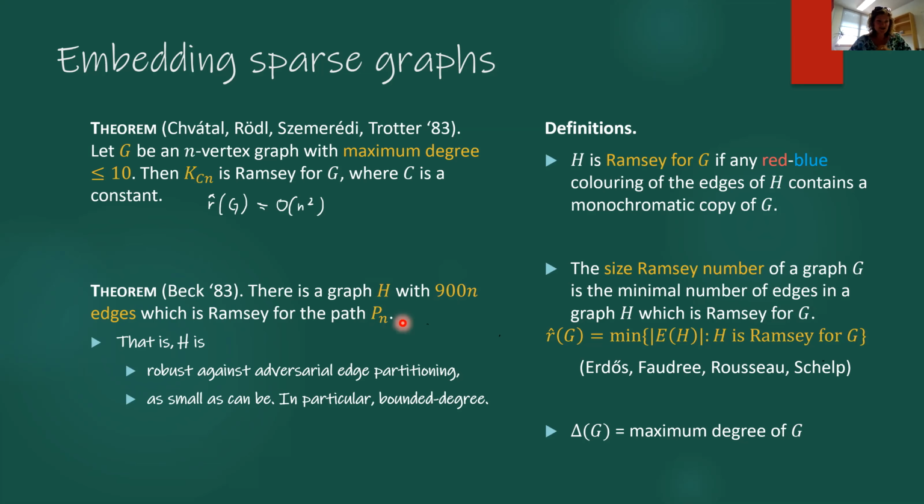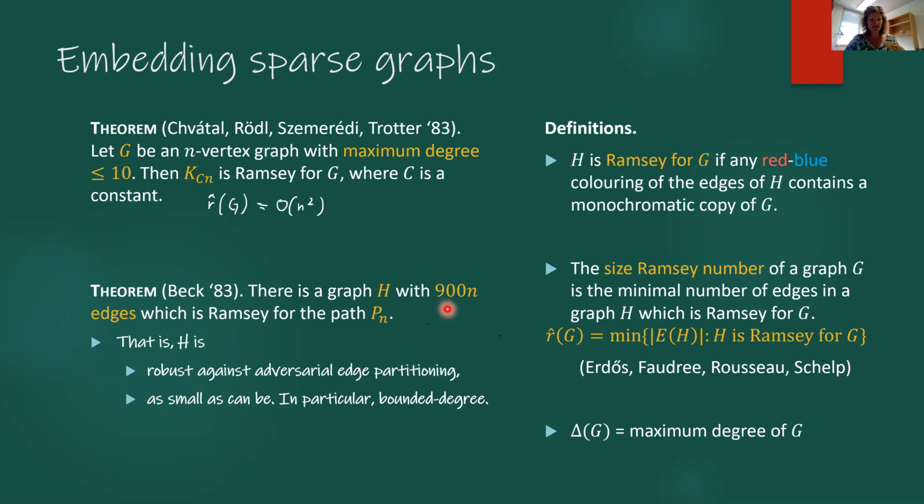Now this graph H has really remarkable properties, so let's meditate on that for a second. Firstly, it's really robust against adversarial edge partitioning. So again, an enemy wants to come and destroy all monochromatic paths, and they color all edges red, blue, and they still can't do it, even though this graph is very sparse.